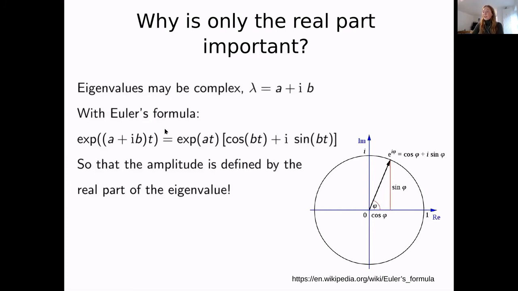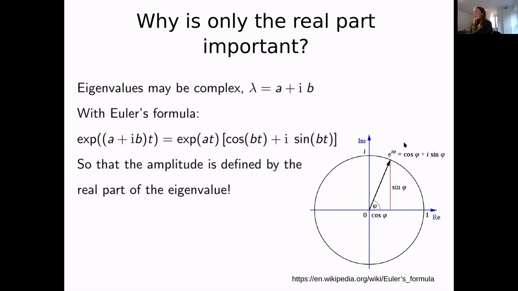And then again, it's Euler. So we have now not Euler's method, but Euler's formula that tells us that the exponential function of a complex number, so with the real part and the imaginary part, is just the normal exponential function of our real part. And then apparently, and you need to accept this if you don't know this, the cosine function of the imaginary part plus the imaginary number times the sine function of the imaginary part again.